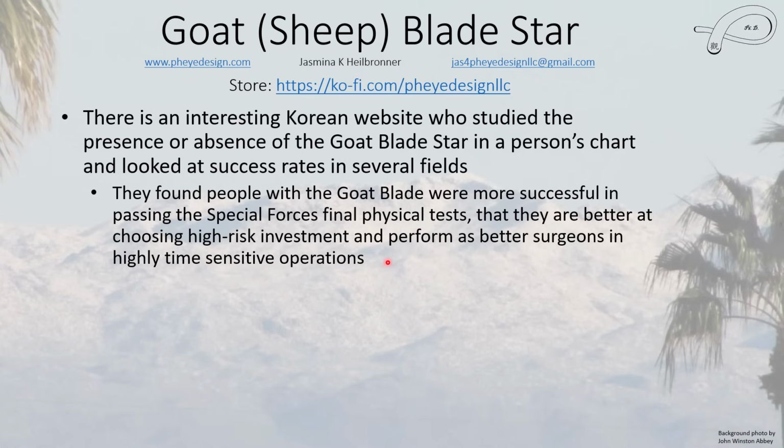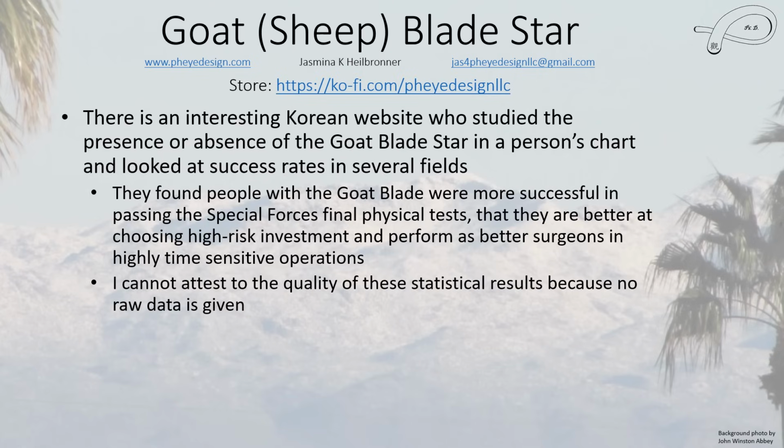But they are also better at choosing high-risk investments, and they perform better as surgeons in highly time-sensitive operations. And there are a couple of other things that benefit from having the goat blade, but these were the ones with the strongest response.